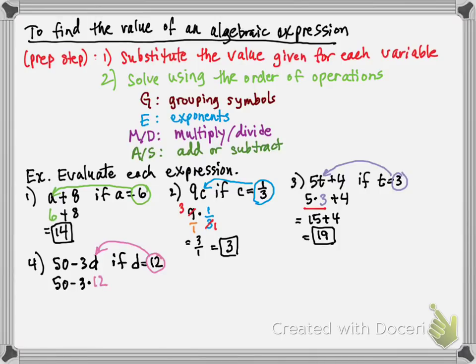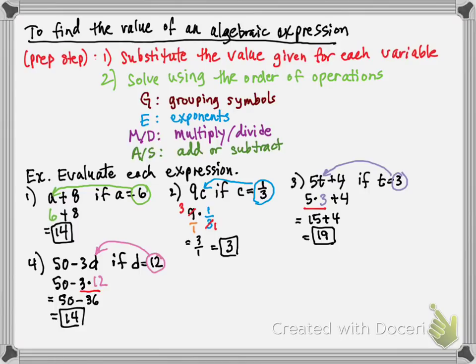So again, more than one operation, so we follow order of operations. There's no parentheses, no exponents, but I do have multiplication. So we're going to do it first. 50 doesn't change, minus doesn't change, and 3 times 12 is 36. I subtract 50, take away 36, and I get the grand total of 14.